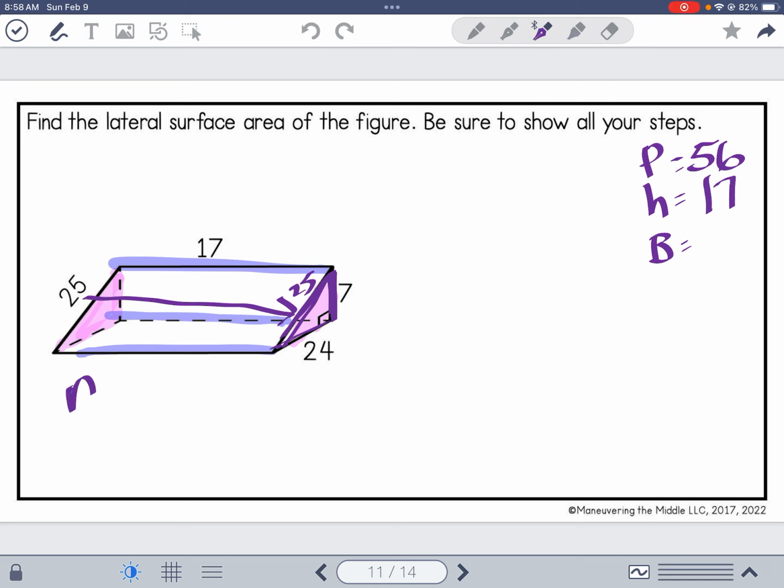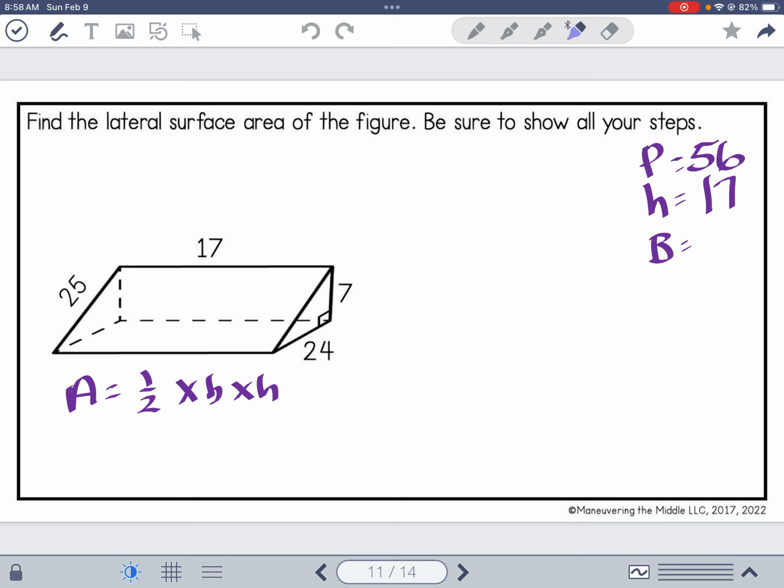And the area of my base is 1/2 times base times height. All right, so let's get rid of all this so we can just look at one triangle, this one base. Notice, here's my right angle. Your right angle connects your base to your height. So area is equal to 1/2 times 24 times 7.